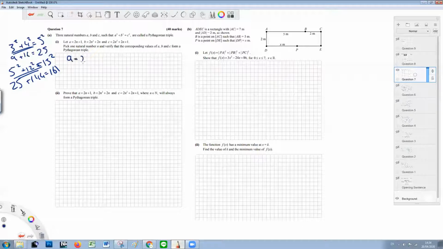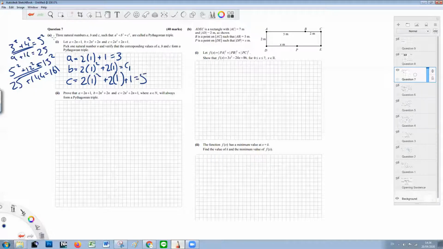So a is going to be 2 times 1 plus 1, that's going to be equal to 3. b is going to be equal to 2 times 1 squared plus 2 times 1, that's going to be 4. And c is equal to 2 times 1 squared plus 2 times 1 plus 1, and that's going to be 5.